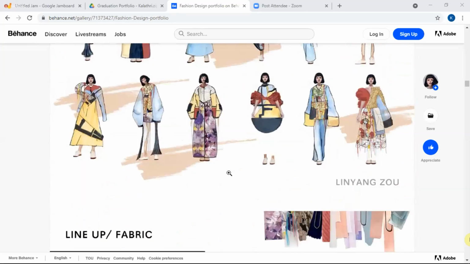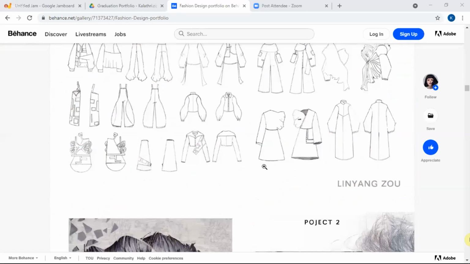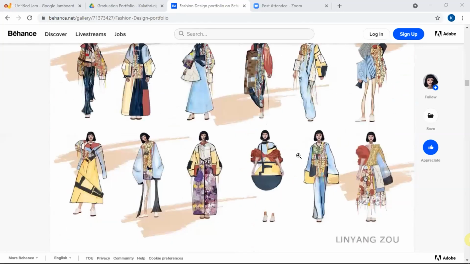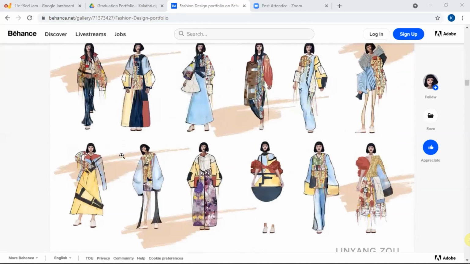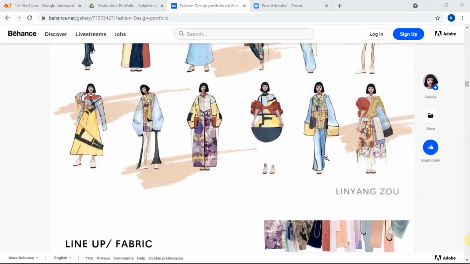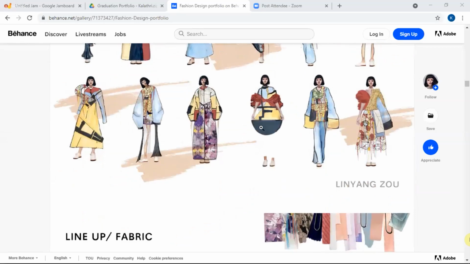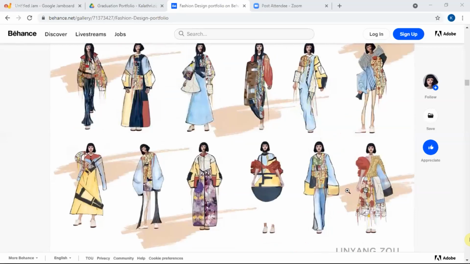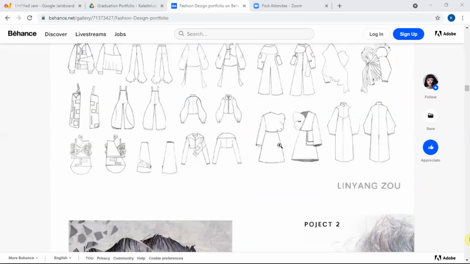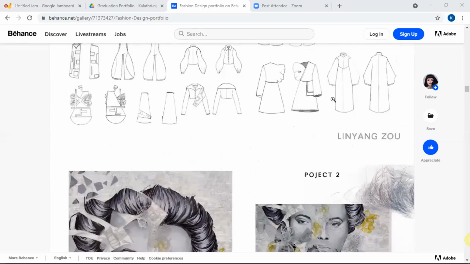So that realization part can be taken into realization as well, because it presents a complete idea of garments. This can also be taken into realization, and the actual garments are not done in this project.